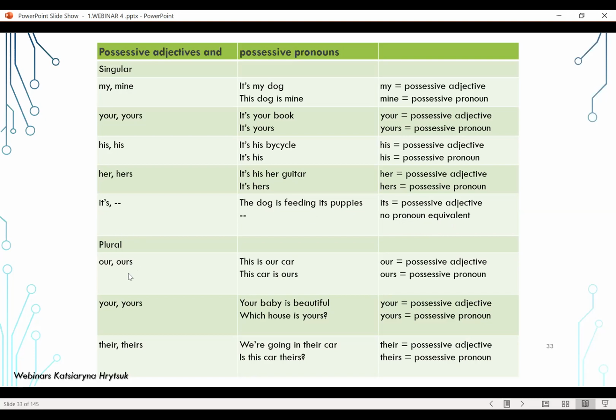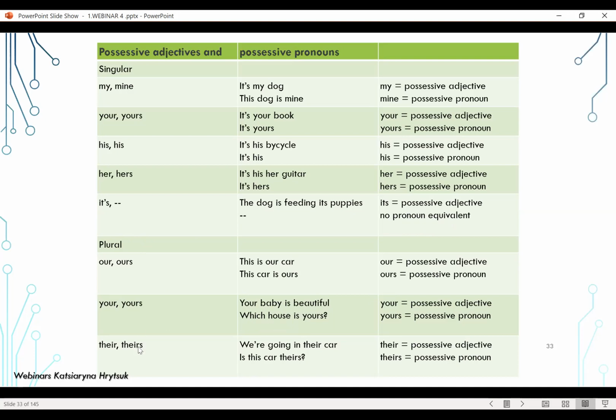And plural, our, ours. Our, possessive adjective, ours, possessive pronoun. You, yours, so your, possessive adjective, yours, possessive pronoun. Your baby is beautiful. Which house is yours? Okay, remember, after the question word which, we use the subject.